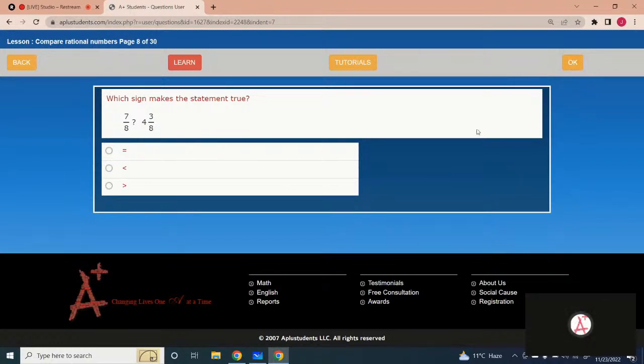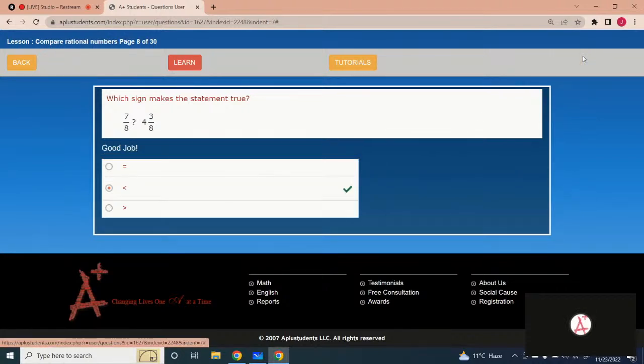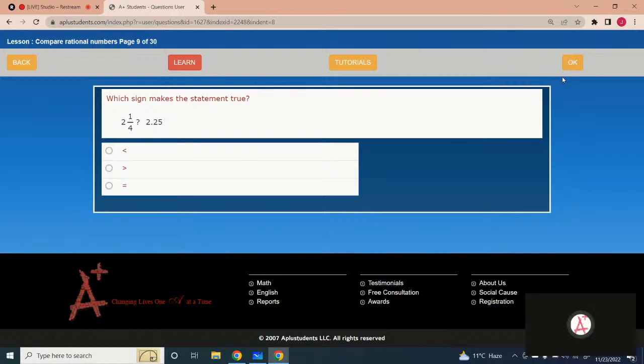Yes, it is less than 4 whole 3 by 8. Okay, 2 whole 1 by 4 and 2.25. So which option is the correct one?